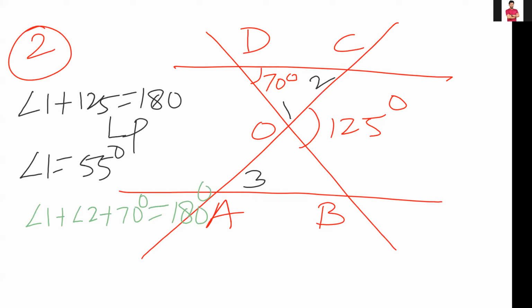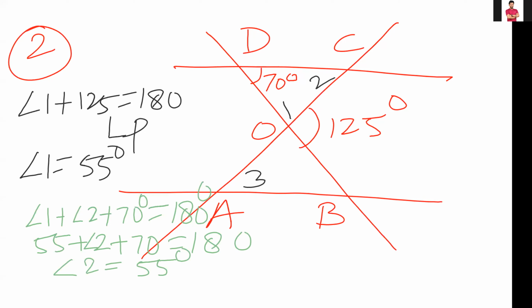So 55 plus angle 2 plus 70 is 180. From here, you get angle 2 as 180 minus 125, which is again 55.